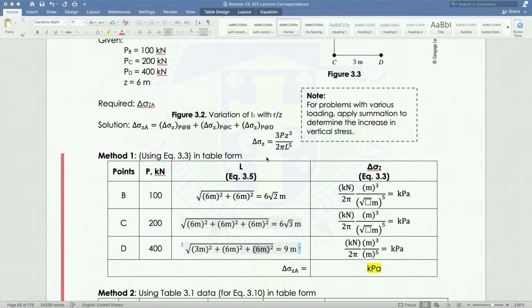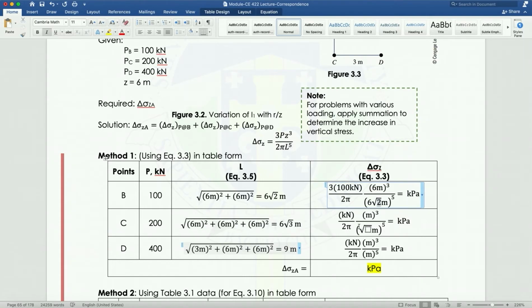We are now ready to substitute into our working equation, which is delta sigma z equal to 3 P z cubed over 2 pi L raised to the 5th power. Okay, so we have here 3 times P, which is 100 kilonewtons, times z, which is 6 meters, divided by 2 times pi times L. L here is 6 times the square root of 2 raised to the 5th power.